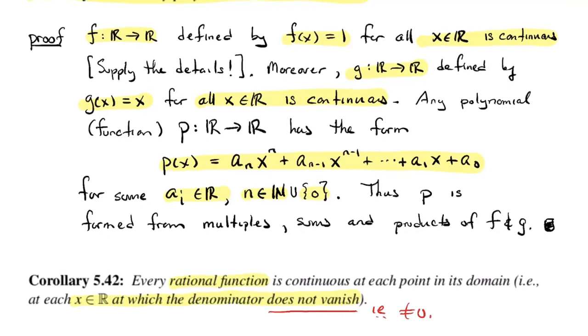The denominator vanishing is just a fancy way to say that it's equal to 0. So rational functions are continuous. Boom, huge families of examples that we know are continuous without going through sequential arguments or epsilon delta arguments every time. So this theory, Theorem 5.40, is a very important piece of machinery.